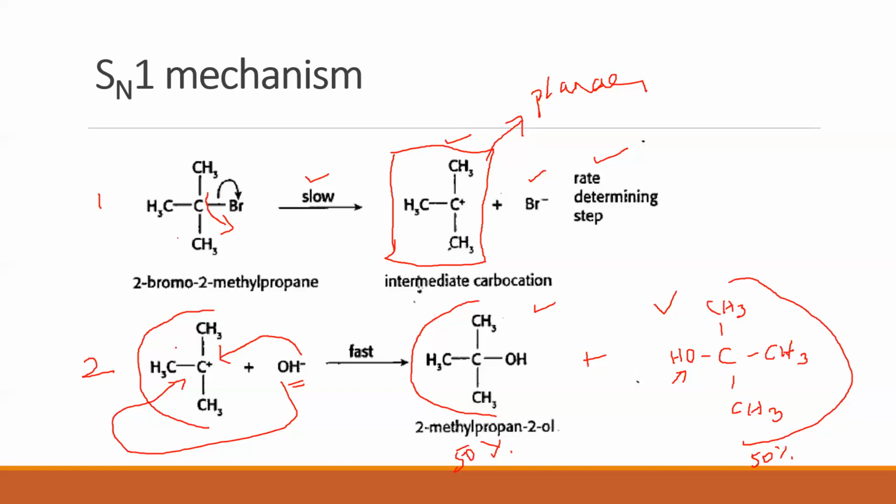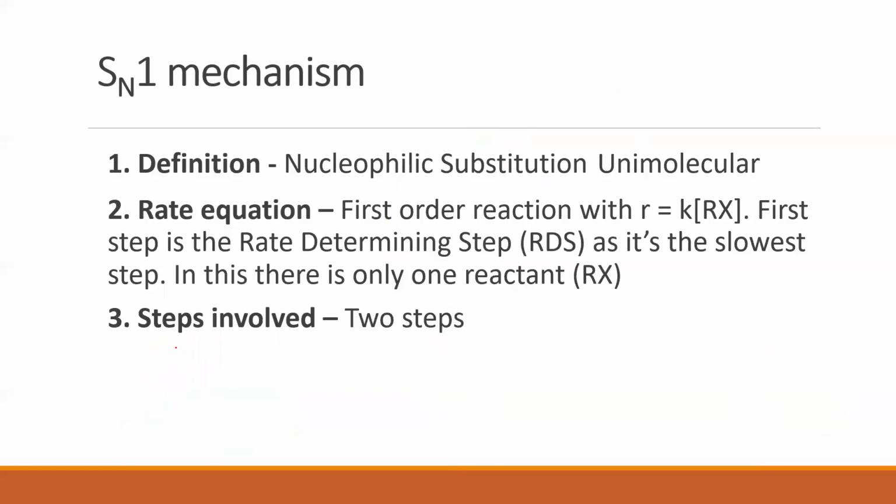Now, with this understanding, let's look at the various points that we saw in SN2 with respect to SN1. First one, definition. SN1 straightforward is what? Nucleophilic substitution unimolecular. One means uni. The second point was rate equation.